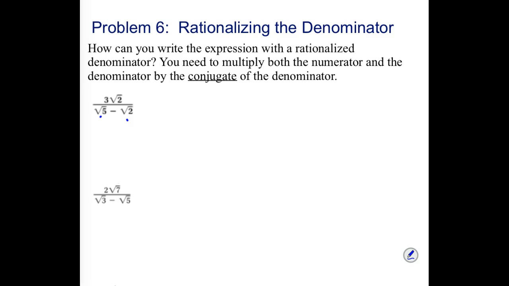We have to rationalize it. We can't leave that in the denominator. And the way we do that is we multiply the numerator and denominator by the conjugate of the denominator. Okay? So, if I have in the denominator here the square root of 5 minus the square root of 2, what would the conjugate of that be? Okay? And then I have to multiply the numerator by the same thing?